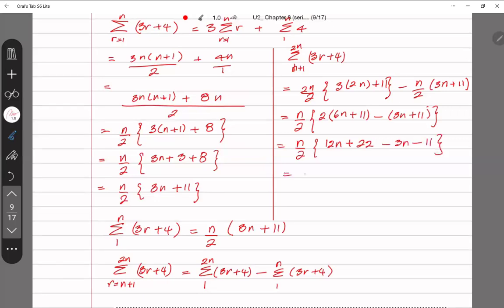So now we have n over 2 into 9n plus 11. All right, so this I think is what we're after, that the summation from r equals n plus 1 to 2n of 3r plus 4 is equal to n over 2 into 9n plus 11.